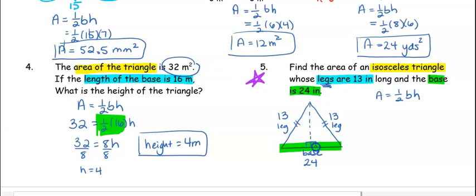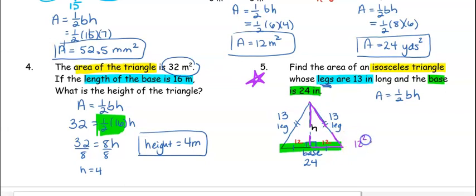We know that in an isosceles triangle, when the height comes down, it's going to bisect the base. So this is going to become 12, and this is going to be 12. I use that information to look at just 1/2 of the triangle at a time, and I can do Pythagorean theorem to find that missing height.